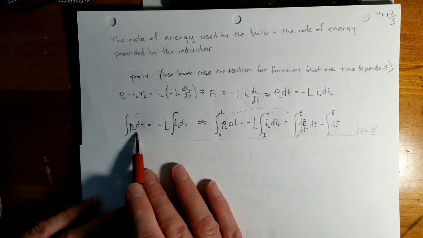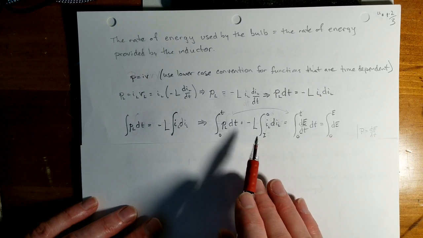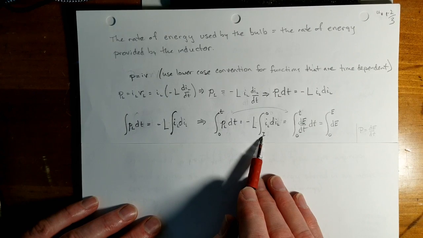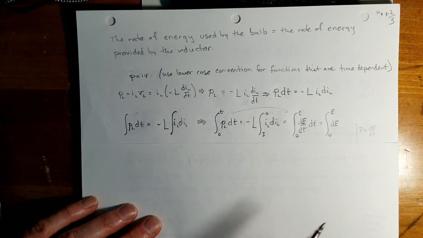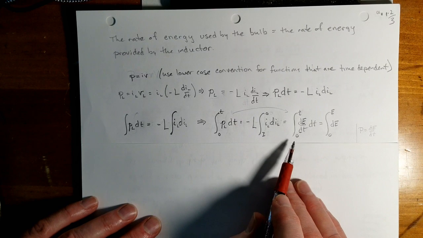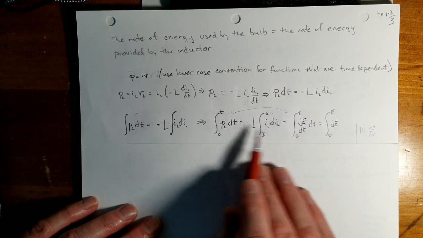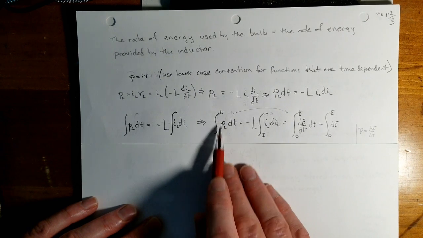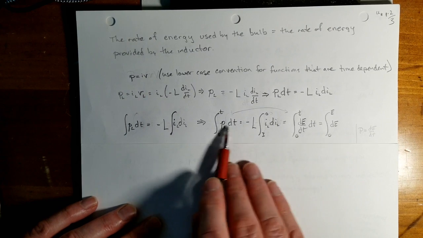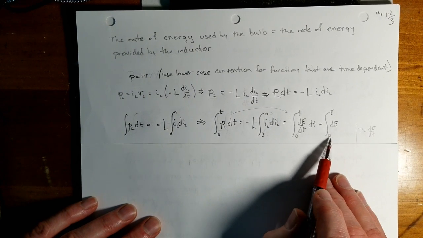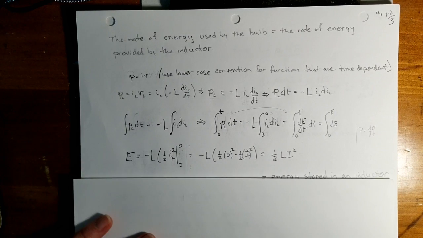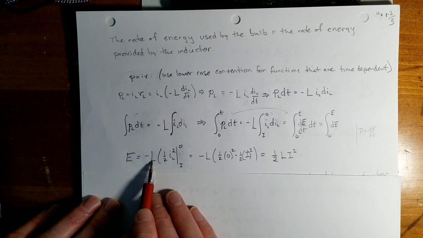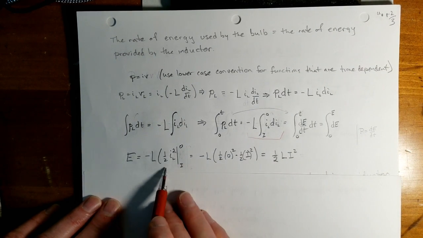Integrating, I'm going to take the power from 0 to time, and then I'm going to take my current from whatever my initial current was, which I'm using as a capital I, down to 0, because the current's dropping off. I know that power is the rate at which energy is used with respect to time, and so the integral from 0 to t of P sub L dt ultimately ends up being the integral of dE, the energy from 0 to E. And so the energy that is stored in the inductor is now down to this piece right here.